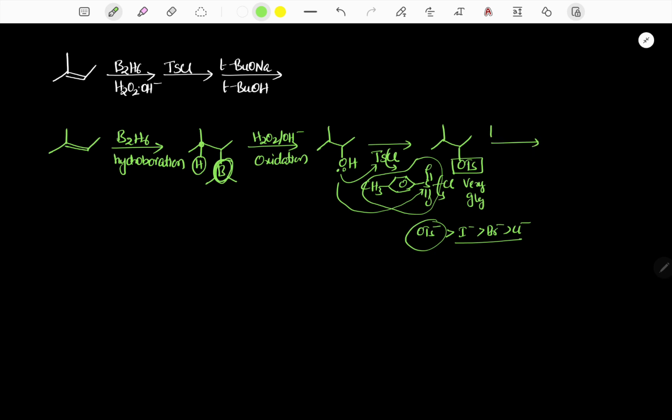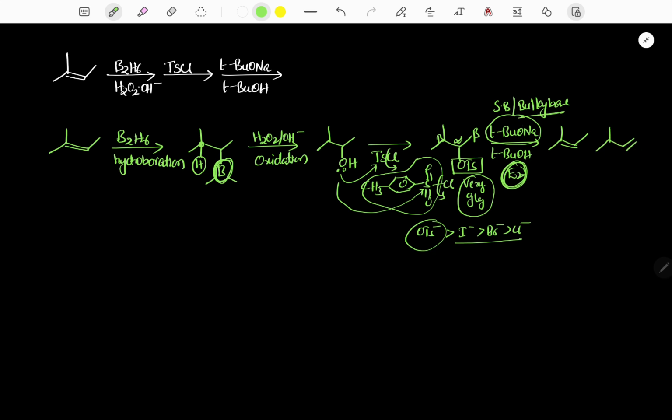Now it is treated with sodium tertiary butoxide and tertiary butanol. So it is a strong base and a bulky base, and OTs is a very good leaving group. Therefore E2 elimination takes place. Both the more stable alkene and the less stable alkene can be formed.